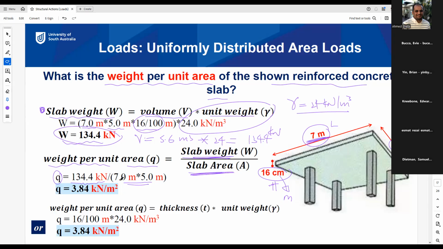So the area of slab is 7 times 5, which is 35 square meters. So we can write it down as 134.4 divided by 35 equal to 3.84. The main thing here is the unit, kilonewton per square meter, because this is unit per area. So kilonewton per square meter is the final answer.